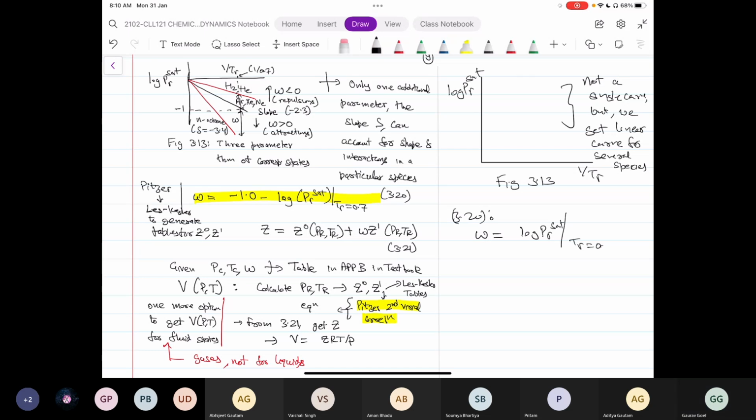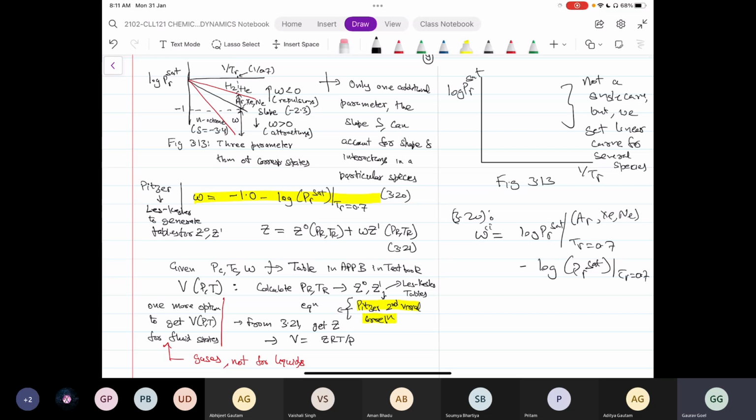So the value of logarithm of Pr sat at Tr equal to 0.7 for your noble gases, maybe helium, I'm not sure if this equation works, especially if you go to low temperatures. Okay, so let us remove helium from that discussion. This is how omega is defined for any arbitrary species.